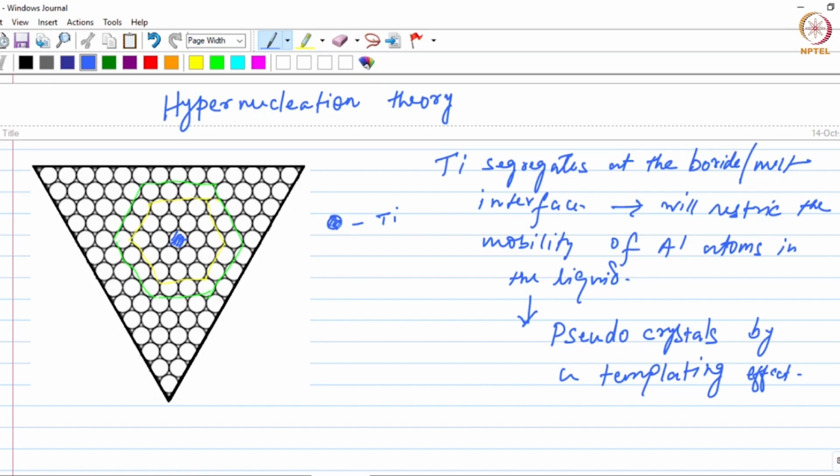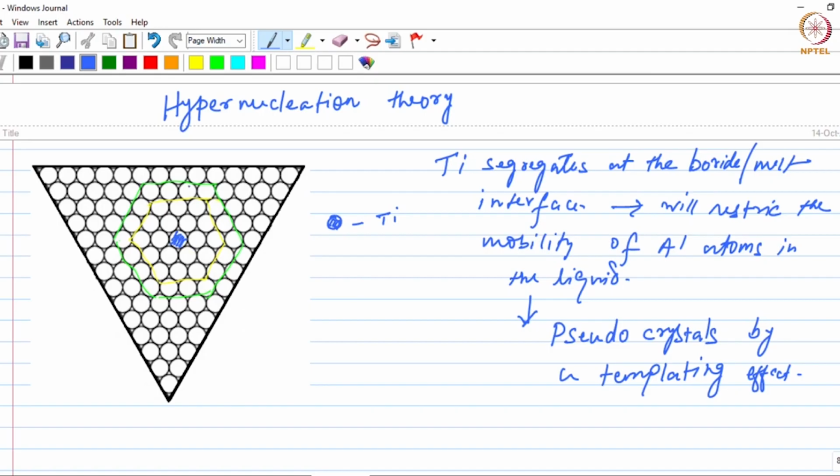Okay, and due to the presence of such segregated titanium, the mobility of the aluminium atoms that you have in the liquid will be restricted, and as a result of that, they will try to take up a structured form like how you have in solid crystals. Although there is no long range order as such in case of liquid, but due to the presence of such atoms, the mobility of the atoms in the liquid around it will be restricted, and they will try to take up a structure which is close to alpha aluminium, and that is what we call the pseudocrystal.